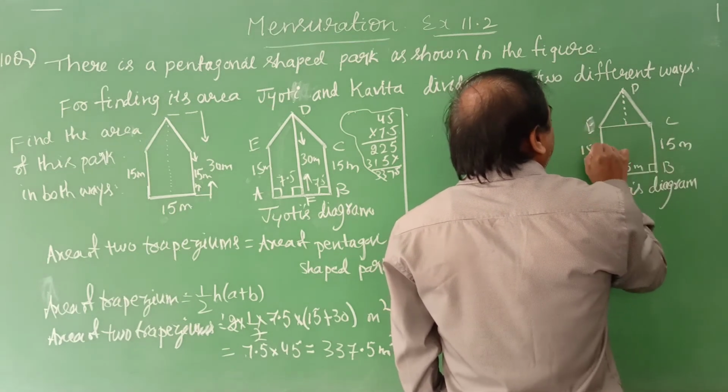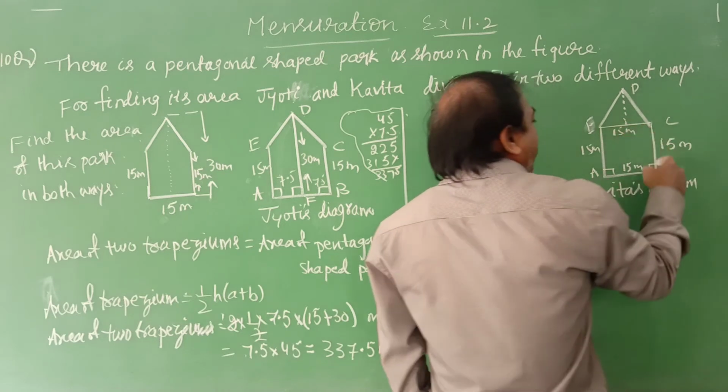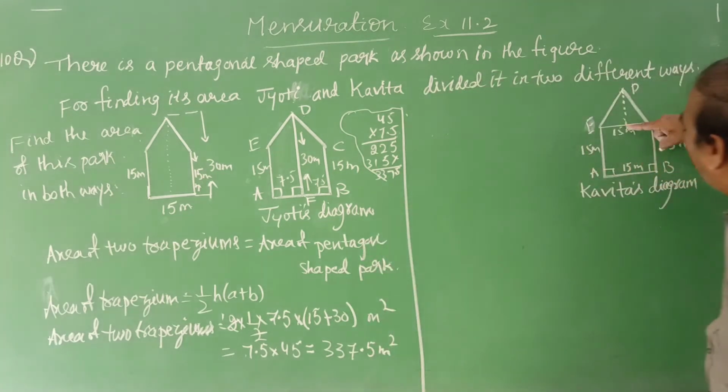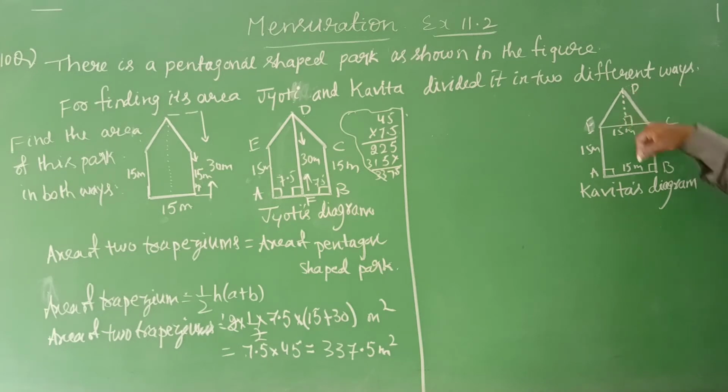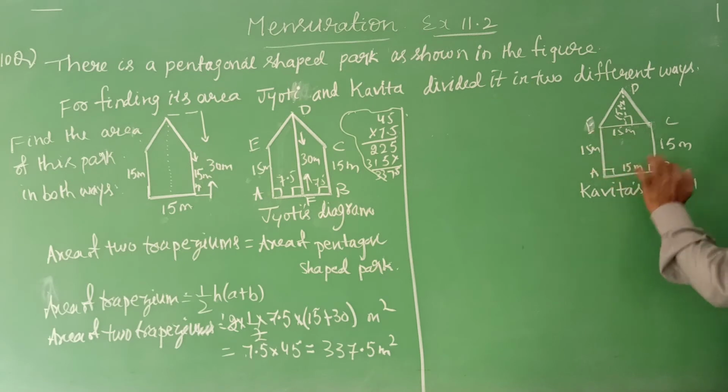Leftover height, the height of the triangle, which is called altitude, is 15 meters, and the base is 15 meters. Are you following? Base of the triangle is 15, altitude of the triangle is 15, and the square has all sides equal, 15 meters.